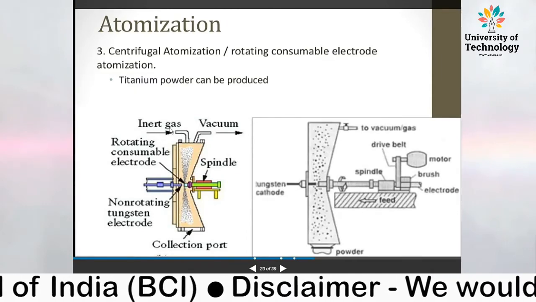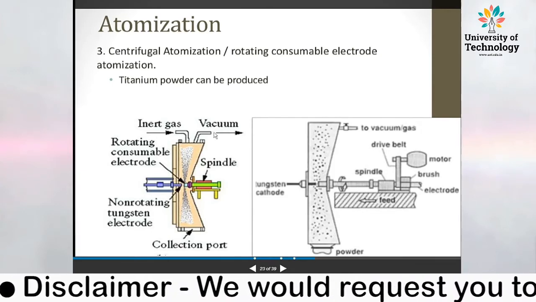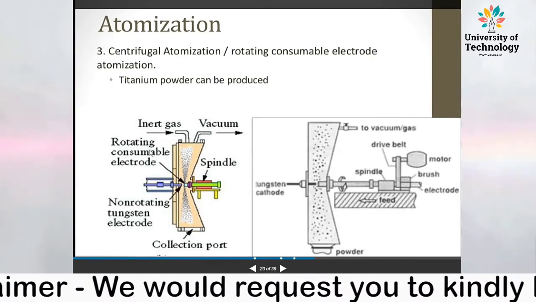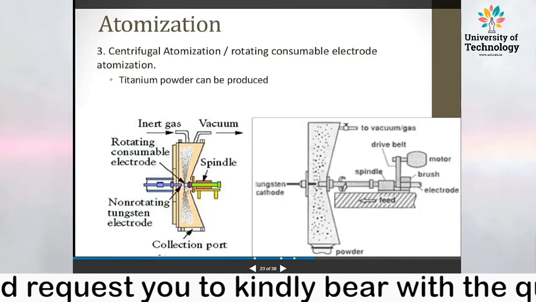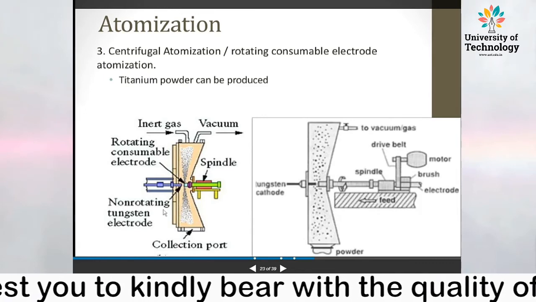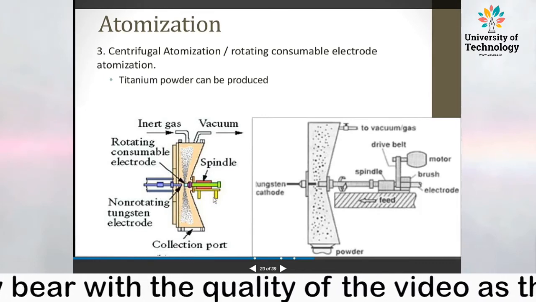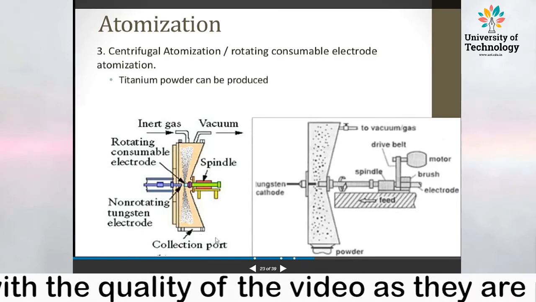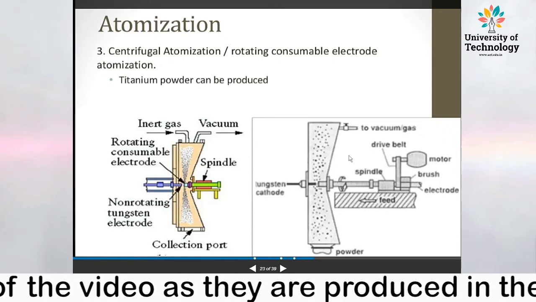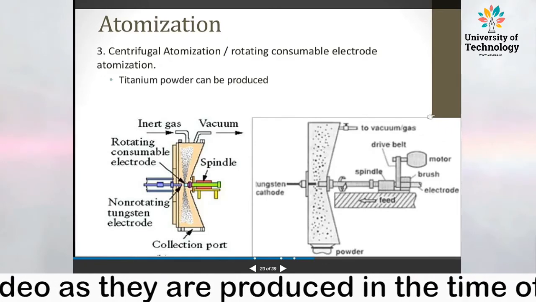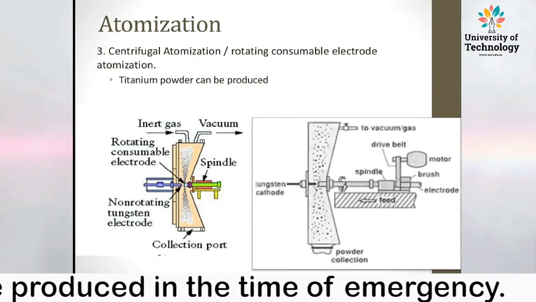Inert gas is inserted here and the vacuum by this, and the rotating consumable electrode at this stage, and a non-rotating tungsten electrode here, and that is the spindle, and at the bottom the collection pot of the metal powders. That is a schematic diagram of centrifugal atomization.